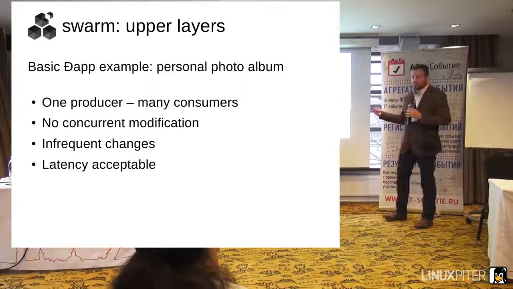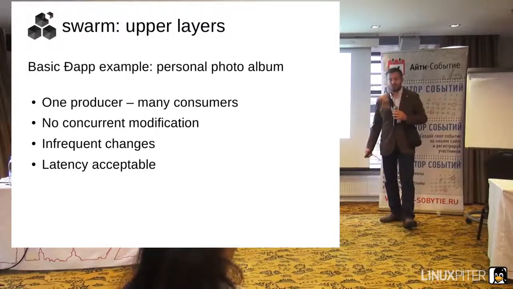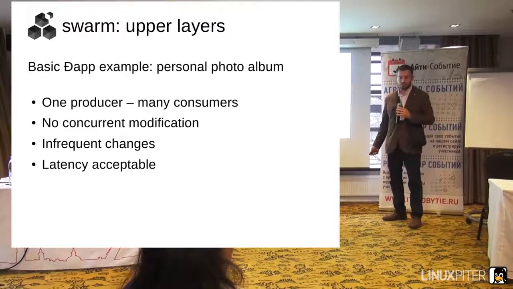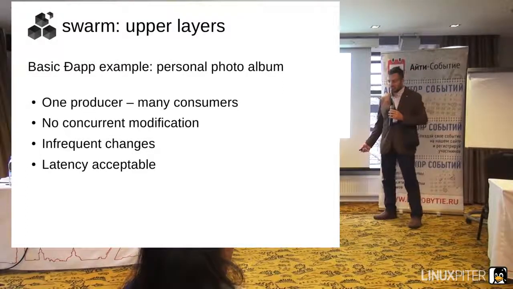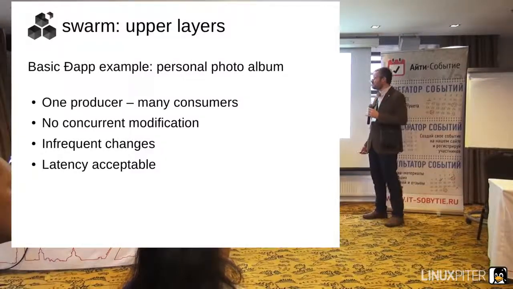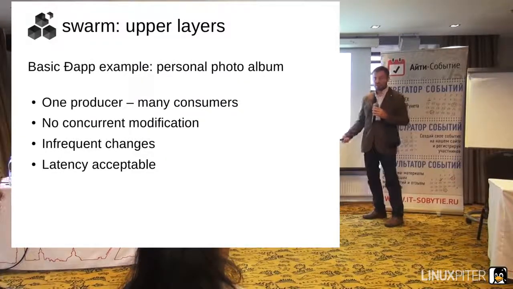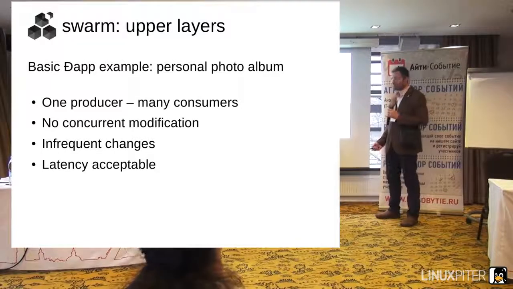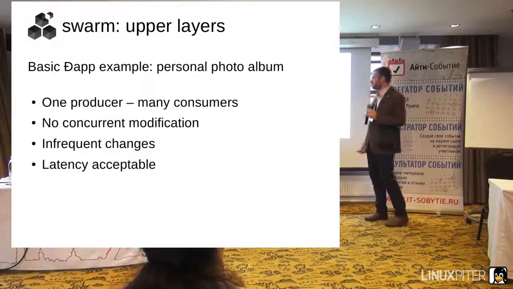So one basic distributed application, what I've already described, is a distributed photo album, but this is easy. We have already implemented this, it works, you can use it, but the reason it is so easy is that there's only one producer and many consumers. So there's no concurrent modification, which is, of course, the difficult part.